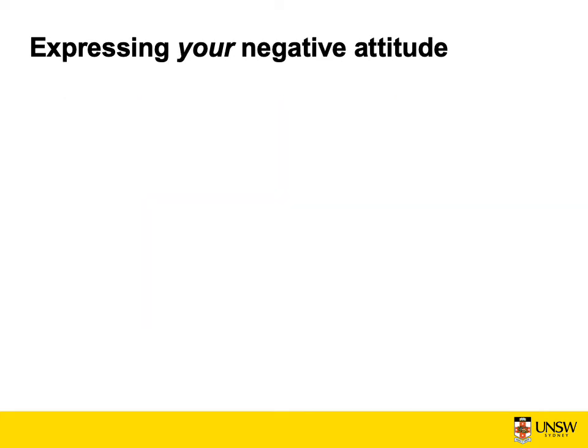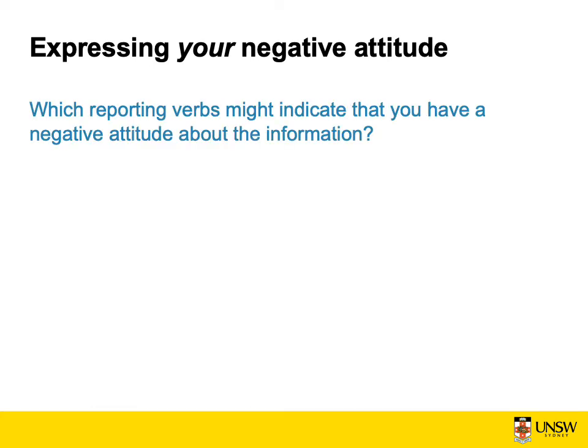Okay, but now turning away from the author to your own perspective as a student, including this in your essay, for example. How would you express your negative attitude towards that point that the author is making? So think about which verbs might indicate that you have a negative attitude about the information as a student writing an essay or report.